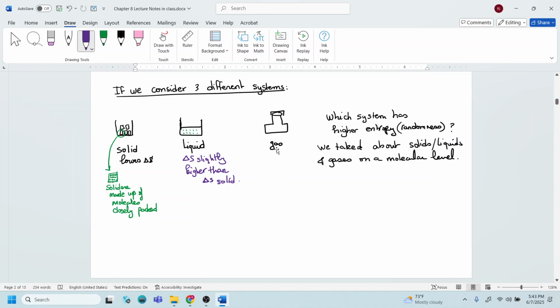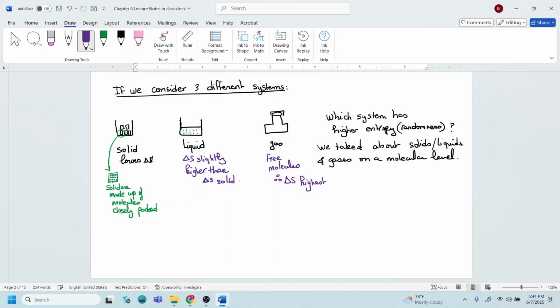Then coming to the gas molecules, we know that molecules here are free to move around, right? So here we have free molecules. Because the molecules are free to move around, this means that the entropy is going to be the highest.